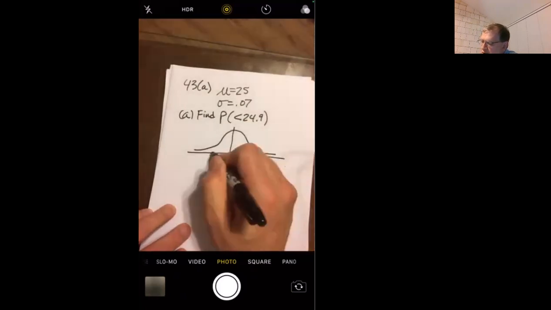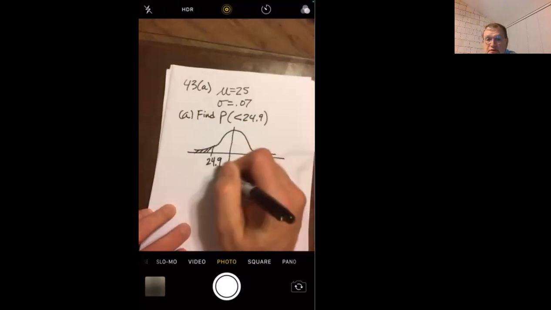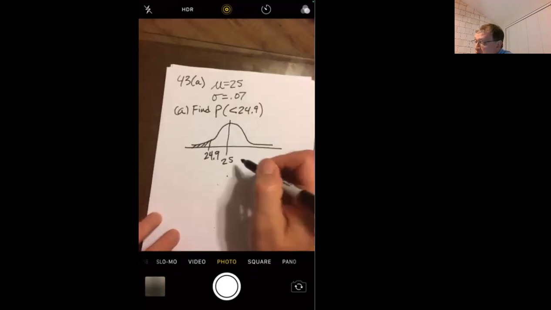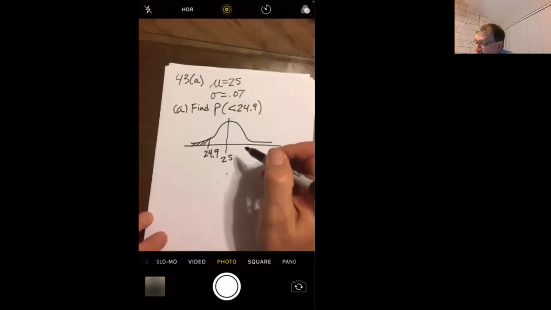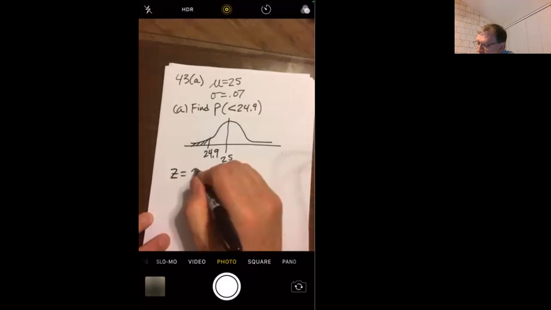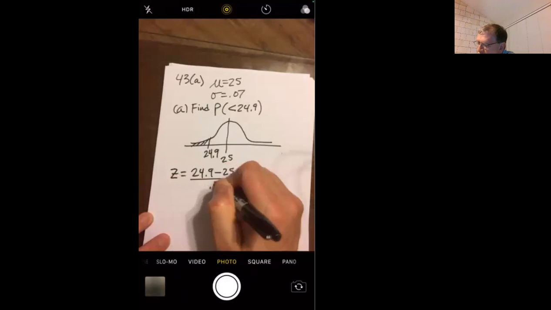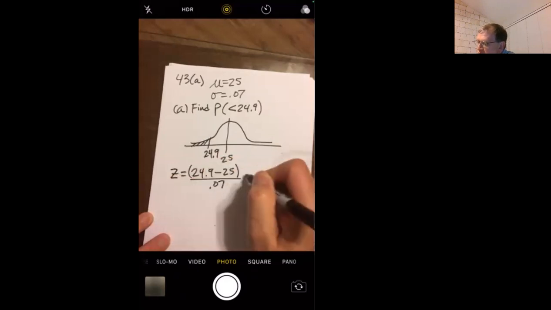25 in the center, 24.9, probably a lot closer to 25 than I'm showing it, but I'm trying to exaggerate so everyone can see. You would need your z-score, 24.9 minus 25 divided by 0.07. Parentheses there and there.